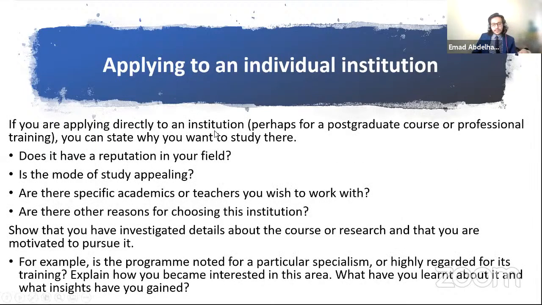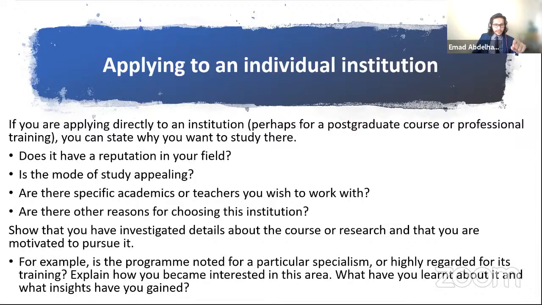If you're applying directly to an institution, perhaps for a postgraduate course or professional training, you can state why you want to study there. Does it have a reputation in your field? Is the mode of studying appealing? Are there specific academics or teachers you wish to work with? Are there other reasons for choosing this institution? Show that you have investigated details about the course or research and that you are motivated to pursue it.